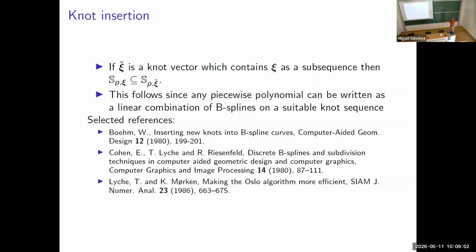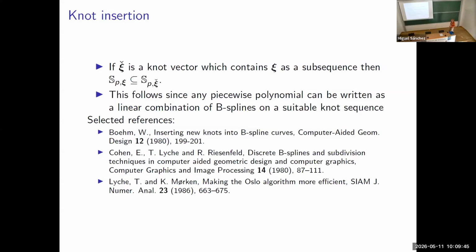Okay, so this brings me to knot insertion. The basic thing is that if you have two spline spaces, with knot vectors ξ and ξ check, the one with ξ is a subspace of the one with ξ check if ξ check is a knot vector which contains ξ as a subsequence.